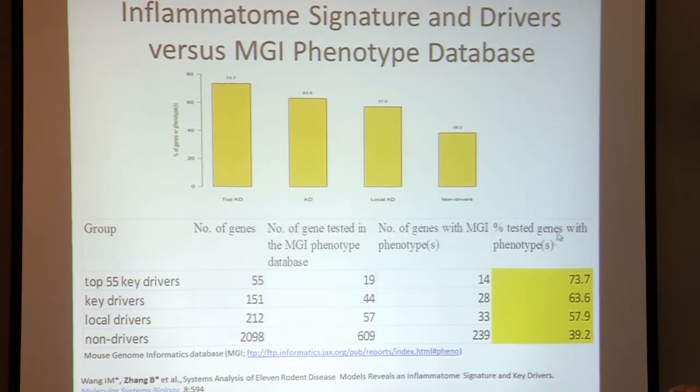So the top drivers and the global drivers have their importance in descending order. So that's what we found from this key driver analysis of the inflammatory gene signature and the consortium of Bayesian networks.